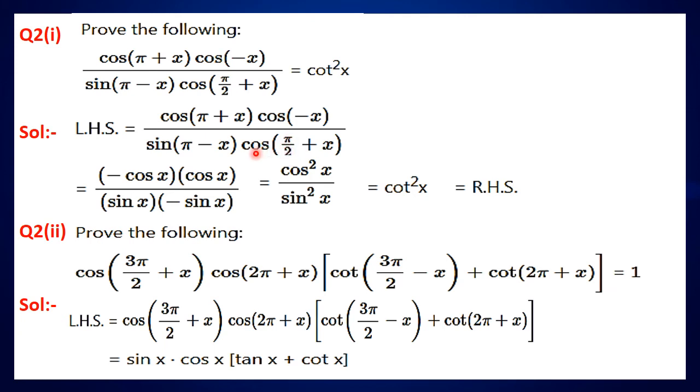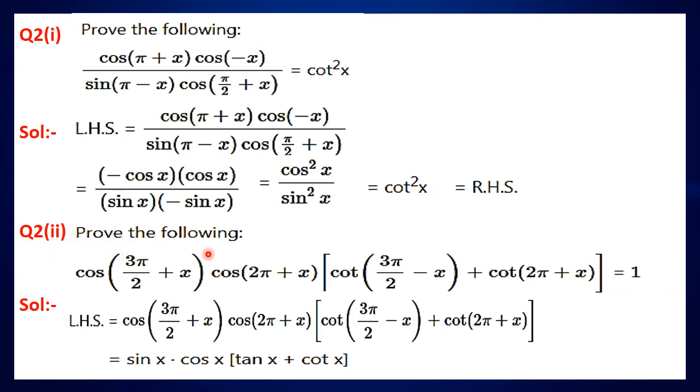Then the co-function of cosine is sine, so minus sine x. Now both numerator and denominator contain the negative sign, so it gets cancelled and we get cos square x upon sine square x. Cos upon sine is cot, so cos square x upon sine square x is cot square x, that is the RHS.